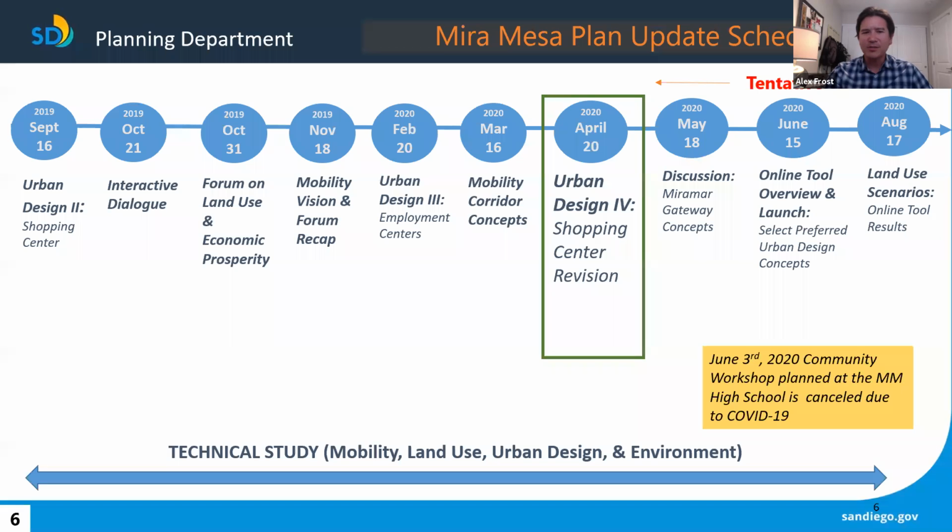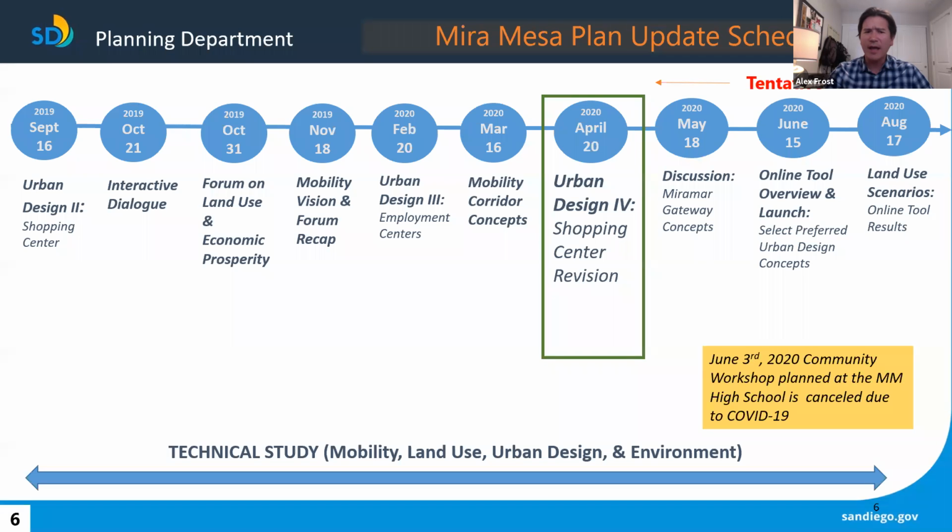Due to COVID-19, the city will have to cancel the in-person community workshop planned at Mira Mesa High School on June 3rd. Instead, we'll provide an overview and officially launch the online engagement tool, which will allow participants to select their preferred urban design concepts that have been presented today and in the past.